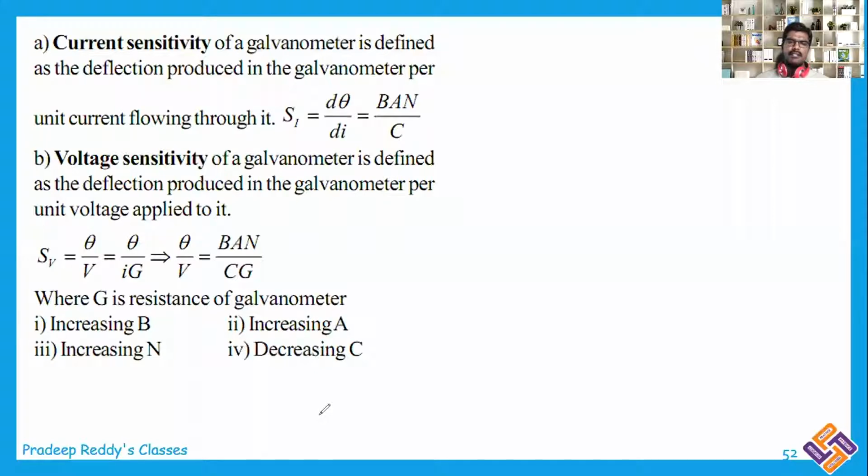The current sensitivity of a galvanometer is defined as the deflection produced in the galvanometer per unit current. So for 1 unit current, how much deflection is produced? It is called current sensitivity. So current sensitivity is equal to d theta divided by dI.